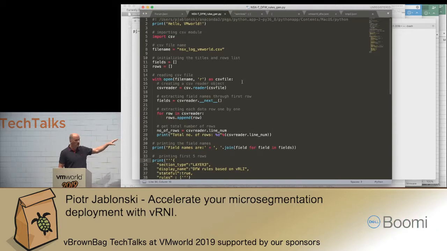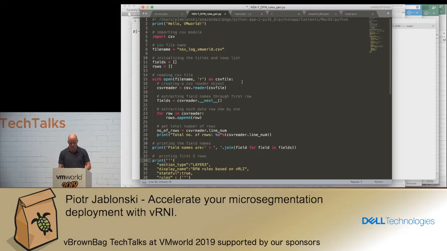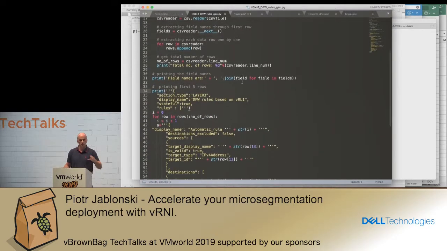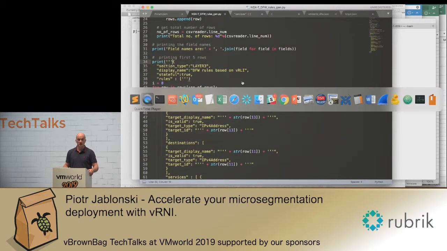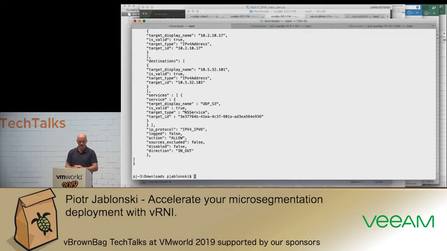This Python script is composed of two parts. The first part, the upper part, is reading row by row from the CSV file and inserting those rows into the rows list in Python. And then the second part is the proper component, which is translating and using the syntax of firewall rules, and we are inserting layer 3 and layer 4 information inside this structure.